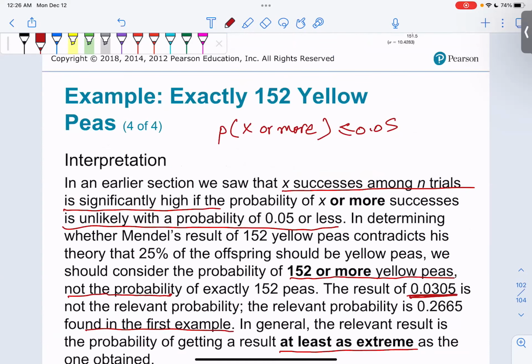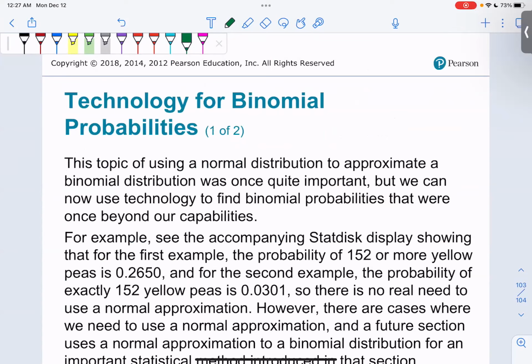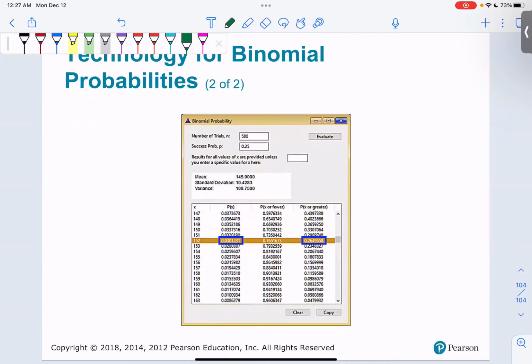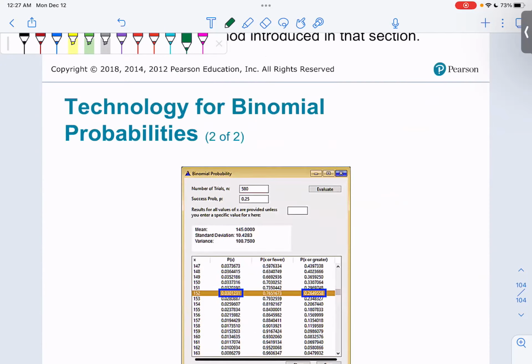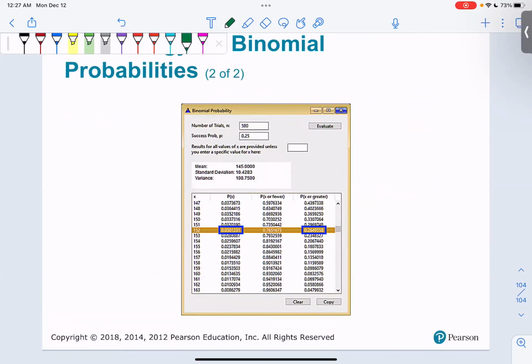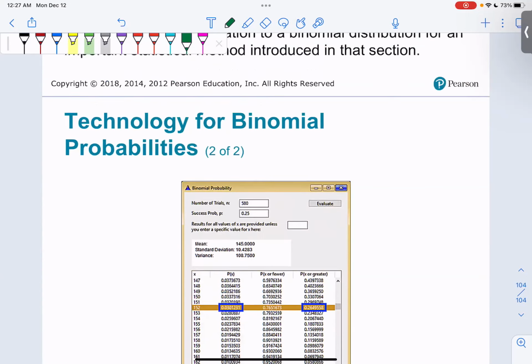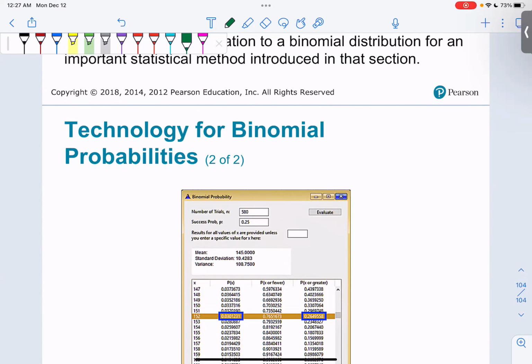But for this one now, we found that this probability equals 0.0305, right? Using technology, then yes, this is a high number of successes. And how to use technology, we already did this using StatCrunch. And also you can use StatDisk for that too if you want to. Okay, so that's it for this session, and good luck.